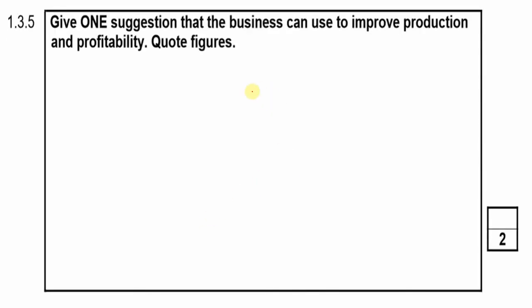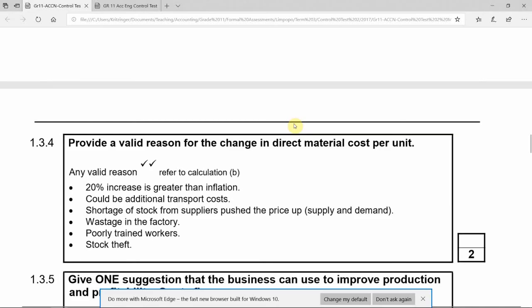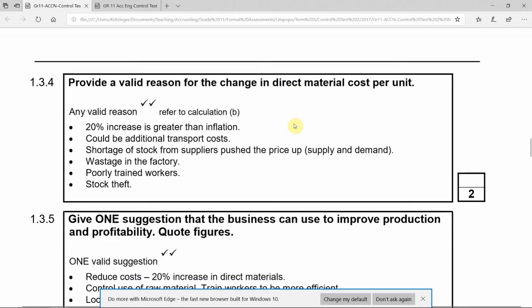Okay, and then finally we have to give one suggestion that the business can use to improve production and profitability. So again, I'm just going to quickly move on to the solutions.